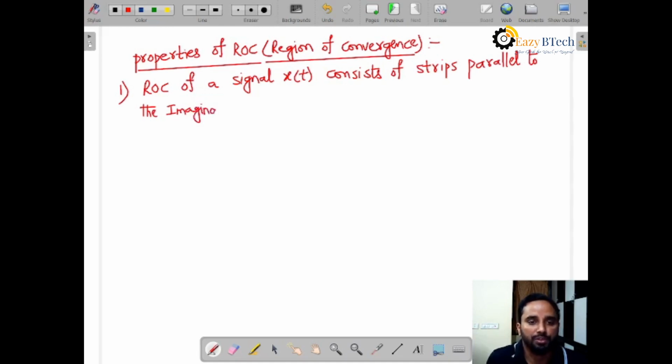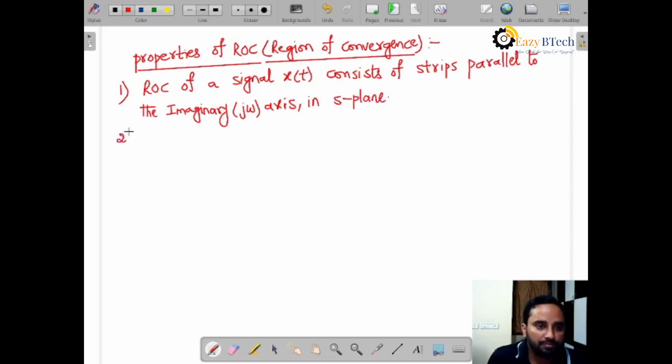This is the first point. Generally we plot ROC in the S-plane, where we have the real axis and the imaginary axis.